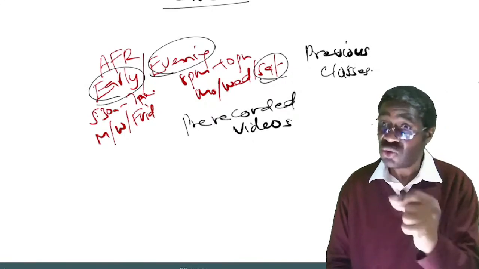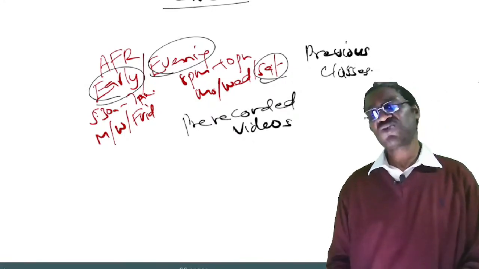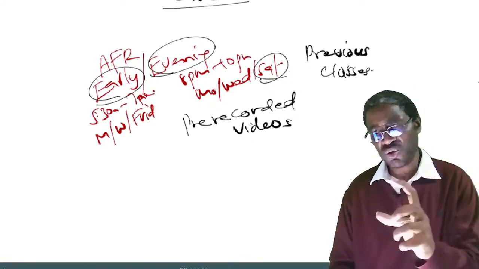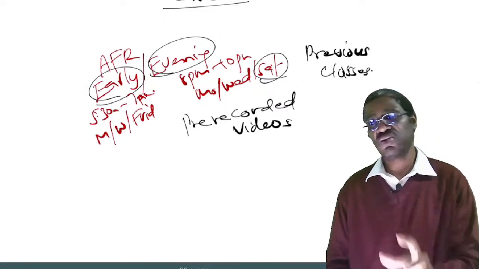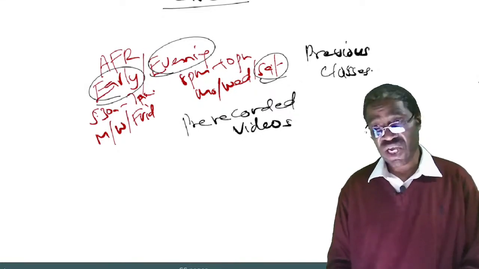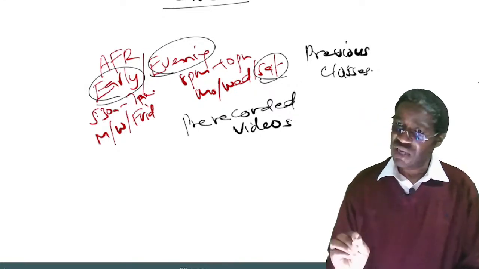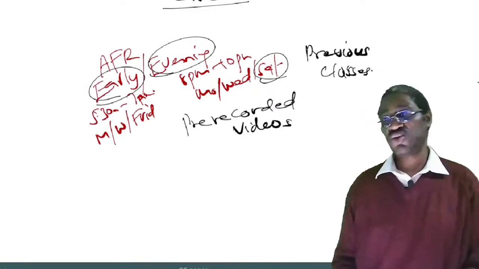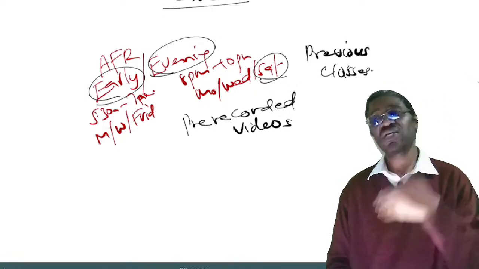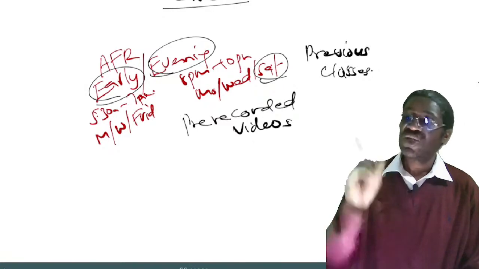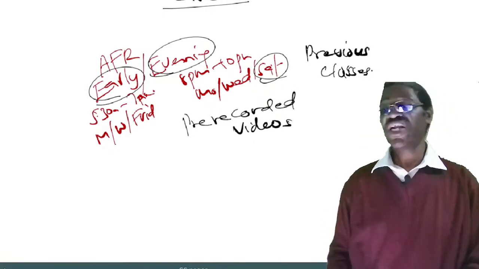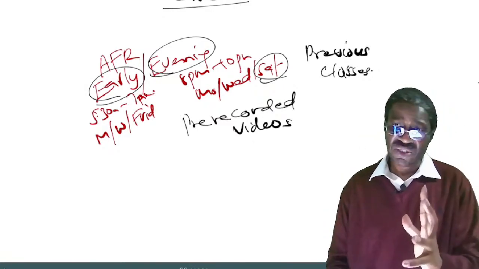The answer is no. You can still go back to the group where the link was posted and you click on the link and you'll be able to watch your video at your own free time. So that's another feature one should know, that in case you miss a class, you can still watch the video of the class that you missed by going back to the group and clicking the link of the video that you have missed.